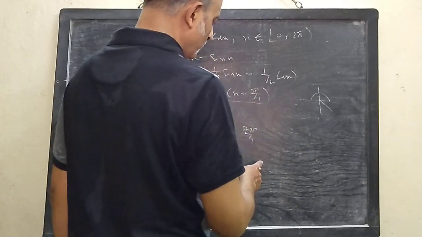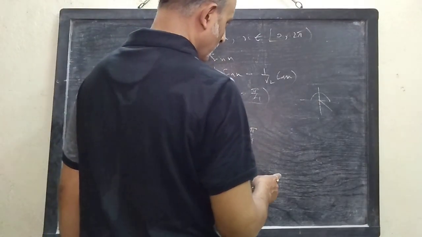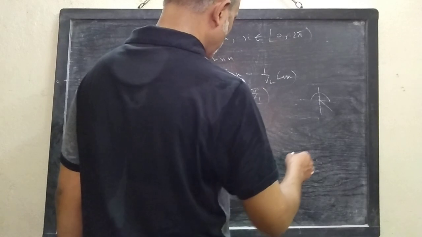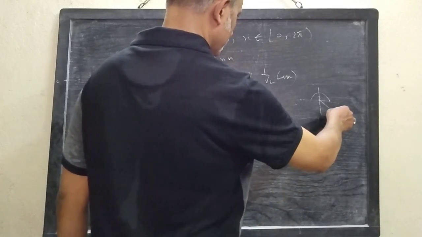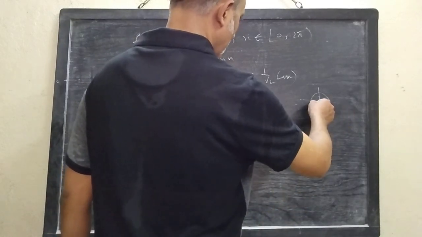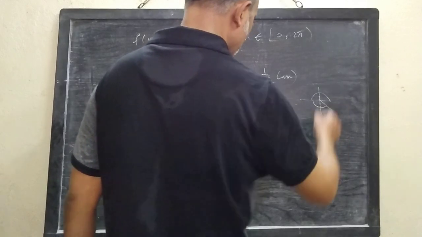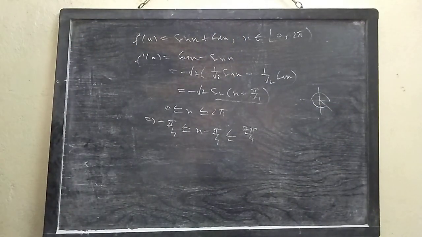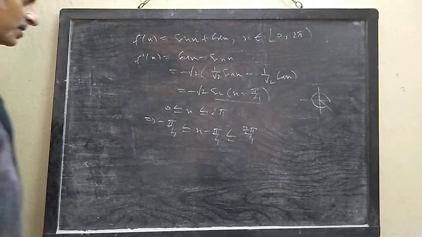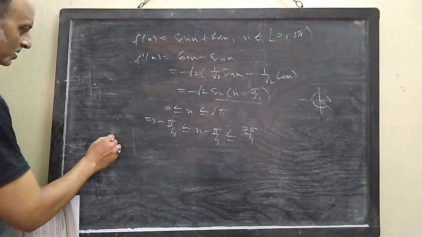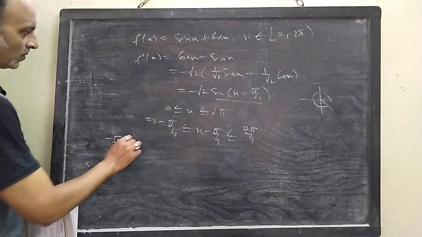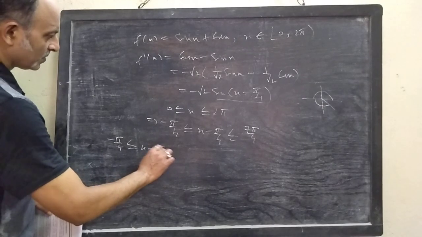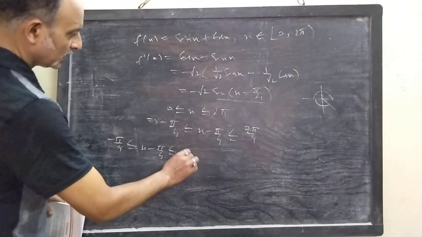Where is 7 pi by 4? 7 pi by 4 is here. And in this part, sin will be again negative. So 3 parts arise. First part is minus pi by 4 less than or equal to x minus pi by 4 less than or equal to 0.